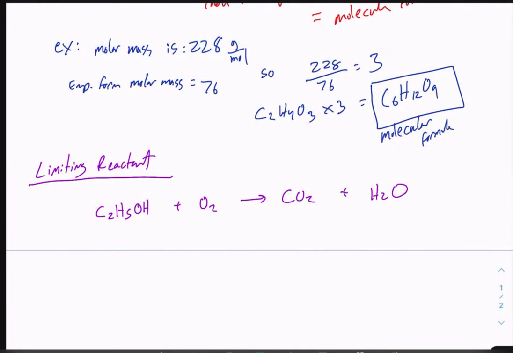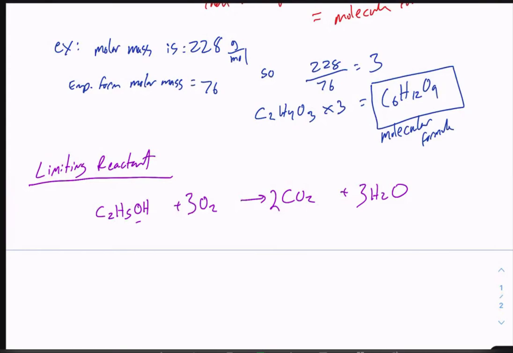I've got 2 carbons. Always start with carbon. I have 6 hydrogens on the left, so a 3 here will give me 6 hydrogens on the right. Oxygens, I have 7 oxygens on the right. If I put a 3 here, that gives me 6 plus 1, so that is 7 on the left, and now I am balanced.